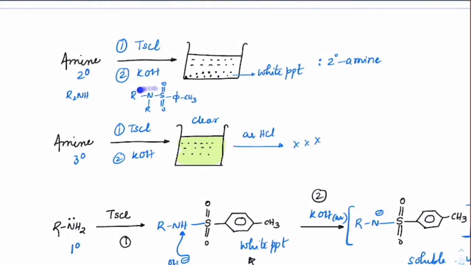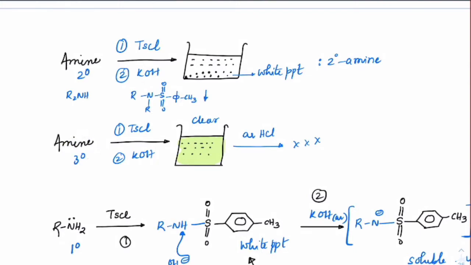Now if you check here, there is no hydrogen present on nitrogen. So even if you add OH minus, it can't react with this. So after adding KOH, we are still not seeing any change. The white precipitate will remain intact. This is that white precipitate, which means it is a secondary amine.